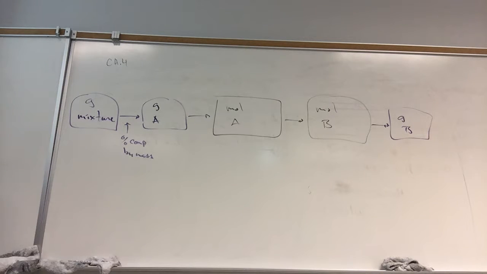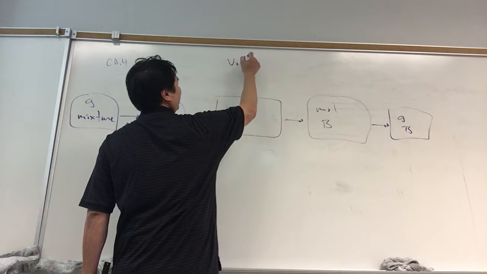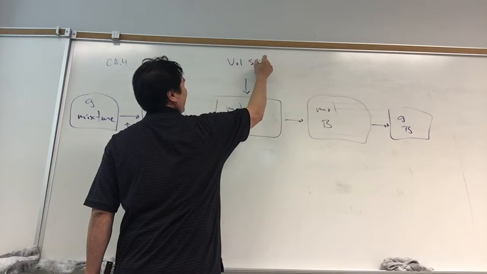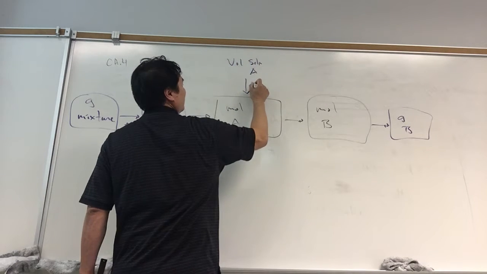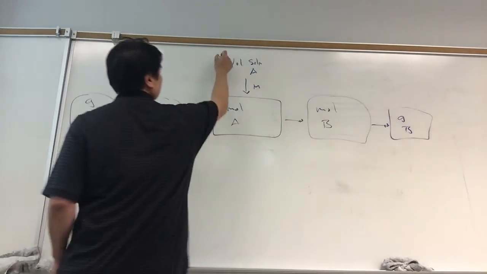So we're given the volume of the solution in liters, and we can figure out how many moles of solute we have. And so that takes us directly here. If we have the volume of solution, A, and then the molarity, we can figure out how many moles directly.